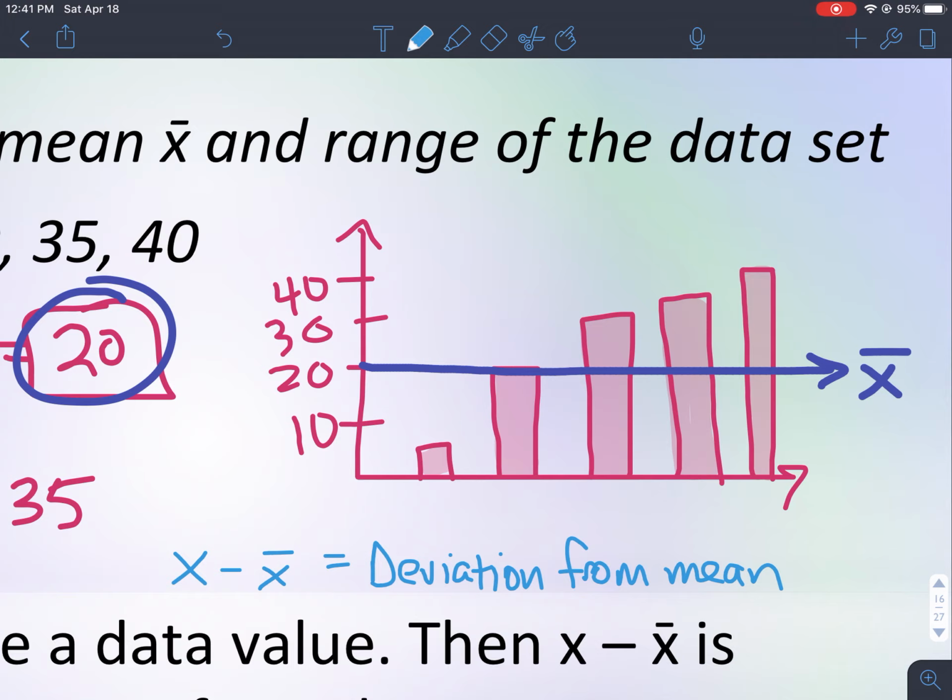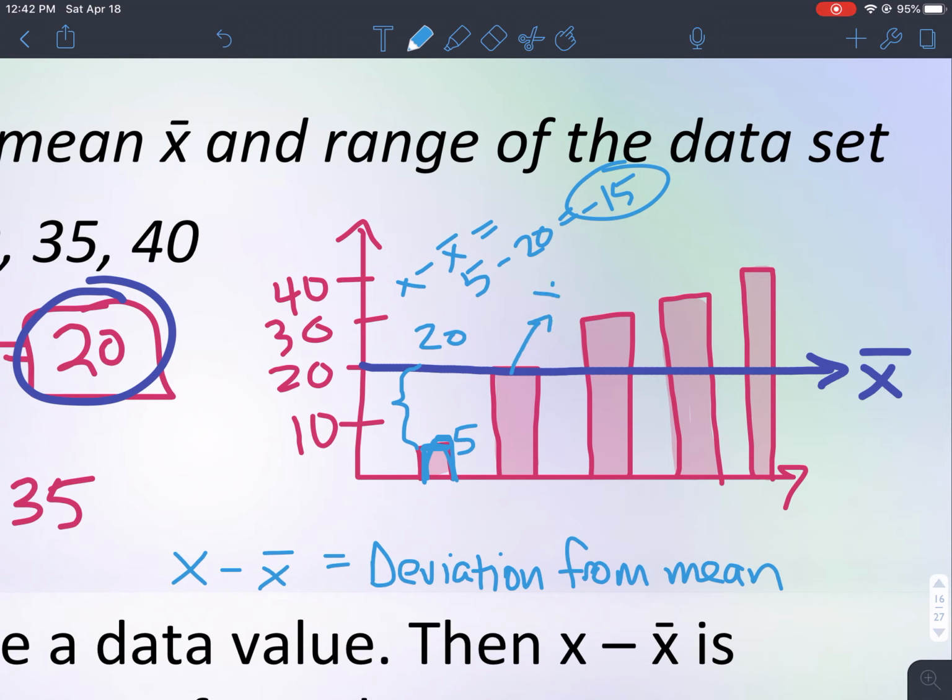Well, if you have a value that's at 5, and you take a look at the distance from the mean 20 to the value on this histogram 5, then this x minus x bar would be 5 minus 20, which is negative 15. So that's a way to see how far this particular value is from the mean. So it's going to be the deviation from the mean. You could do that with all of them.